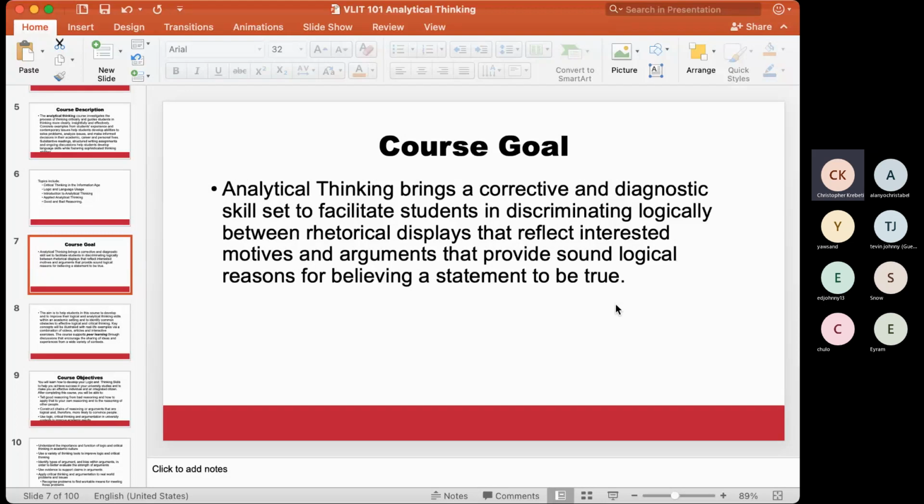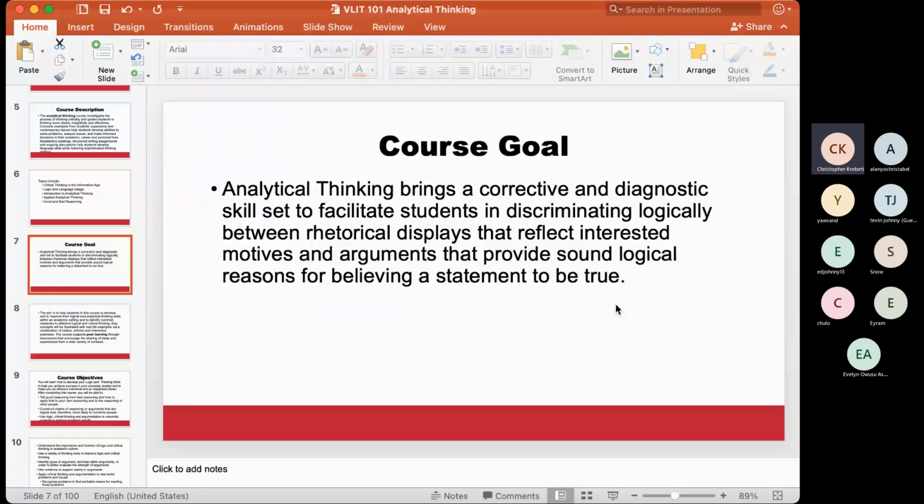Before you say that you believe a statement to be true, first of all, you should be able to distinguish logically between them and find out if this is just serving a personal interest. For instance, Ed, have you been introduced to fallacies? Have you finished everything on fallacies? Yes, please.